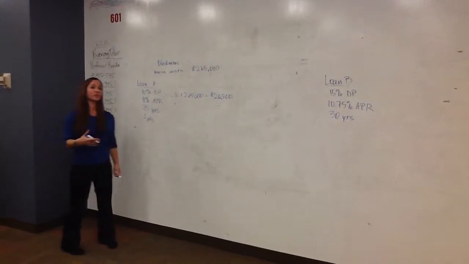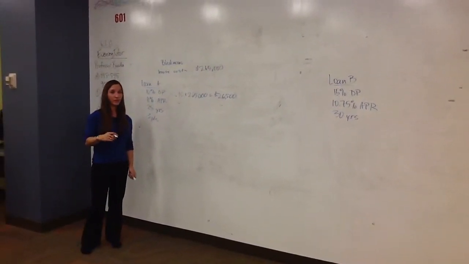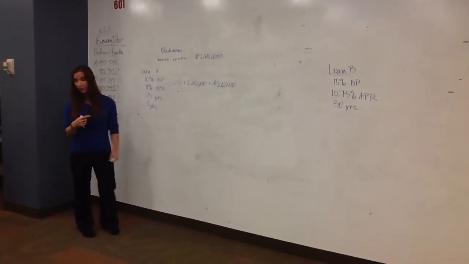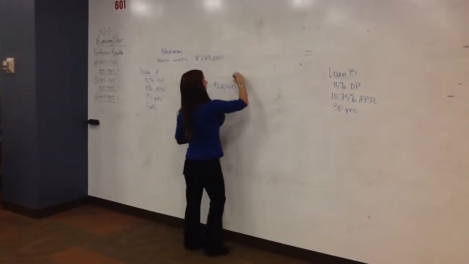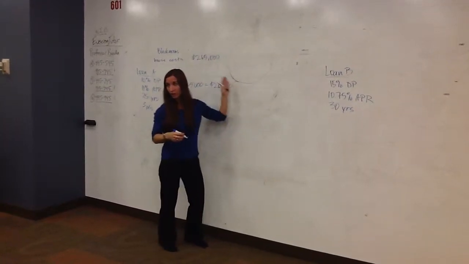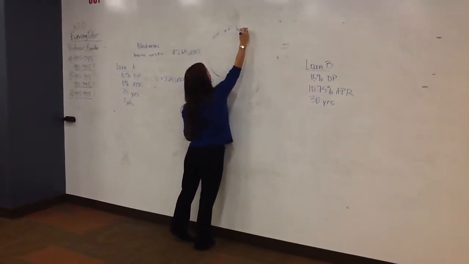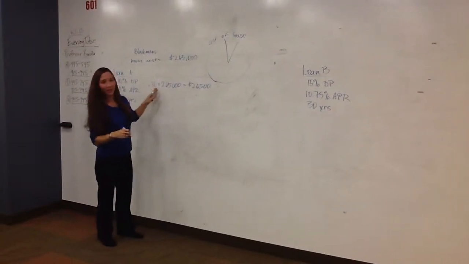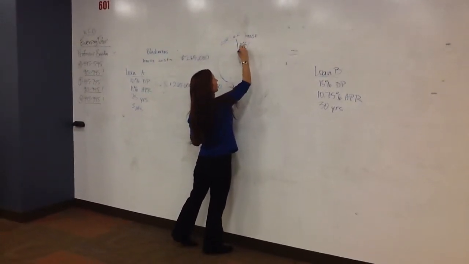Now there are a couple of different formulations to find the amount of the loan, because if the house costs $265,000 and they're putting $26,500 down on it, this is what I like to do in class. I like to draw a pie or a circle representing the entire cost of the house. In this case, I'm working with a 10% down payment.